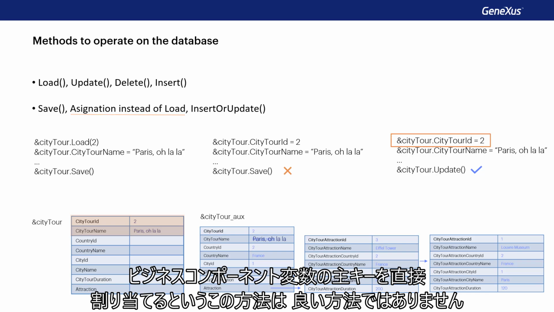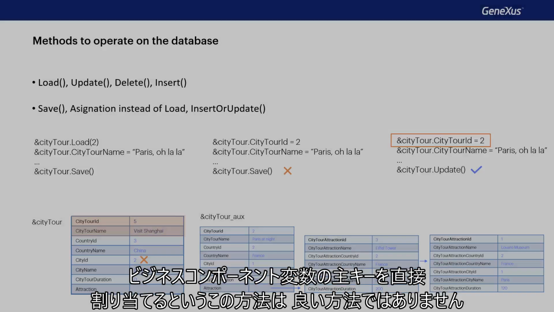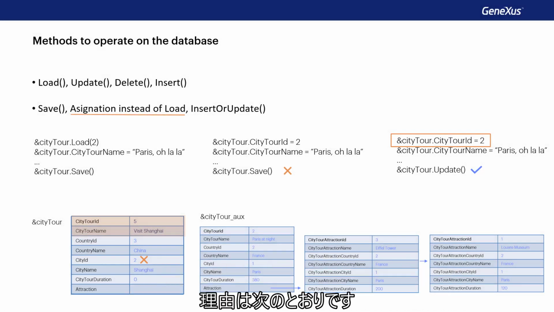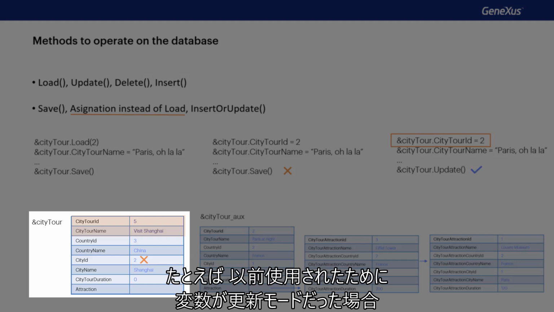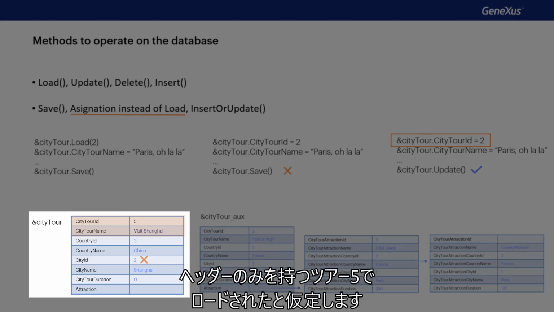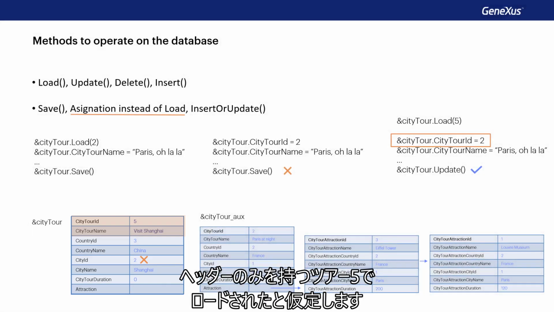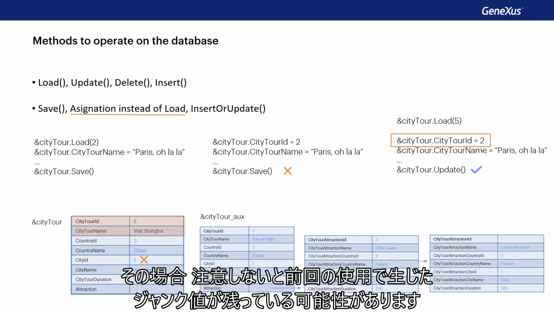In general, it's not a good practice to work in this way, directly assigning the primary key of the business component variable without performing a load operation. The reason is that if the variable was in update mode because, for example, it had been used before, suppose that it had been loaded with the city tour 5 that only has a header. Then, if we aren't careful, we can leave junk values that come from just that previous use.